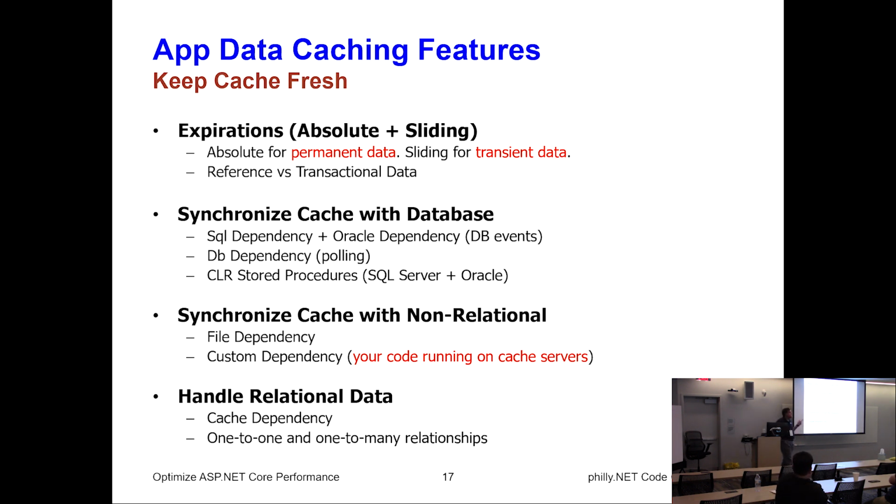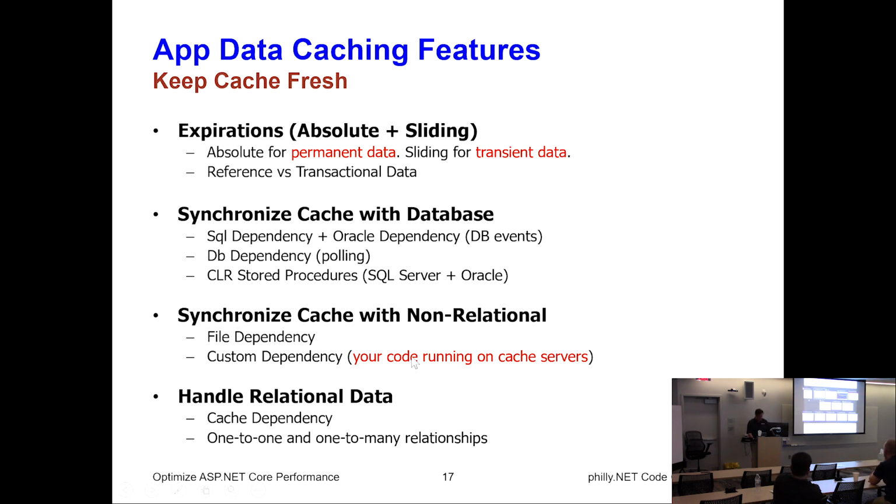Now the database could be SQL Server, it could be Oracle, or it could be any OLEDB in case of polling. But synchronization means that NCache becomes a client. The cache server becomes a client of the database. It will now use SQL dependency that I was talking about, the same thing as a continuous query, but for SQL Server. I'll show you how that works.